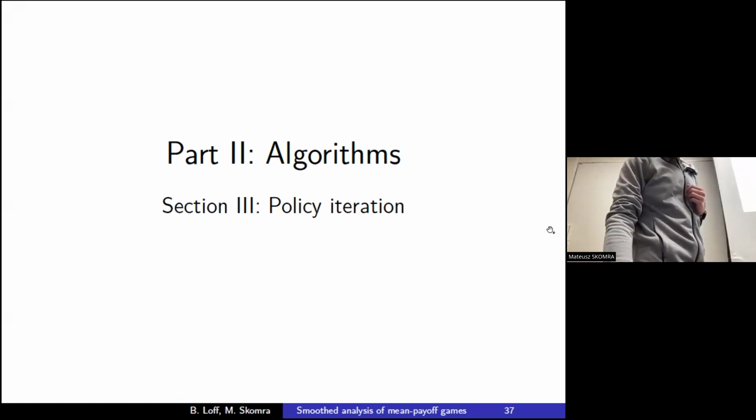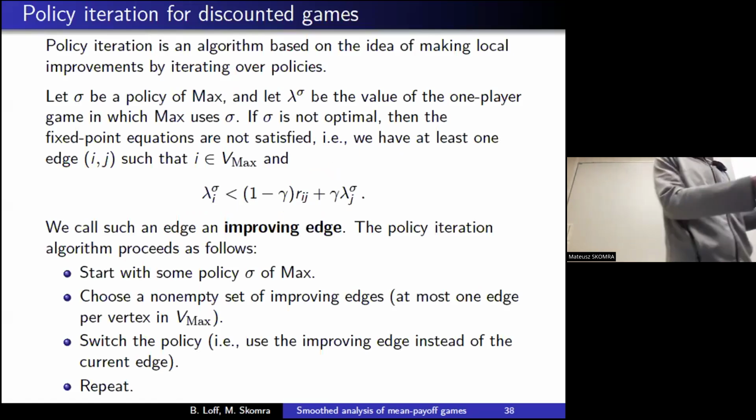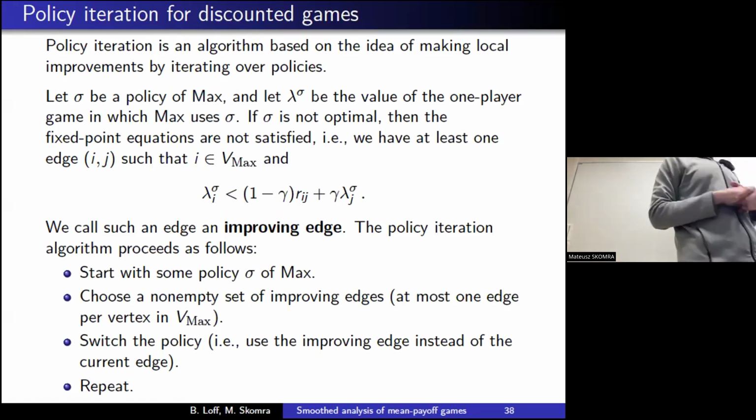Okay, so what is policy iteration? We saw that a game has an optimal policy. So the idea of policy iteration is as follows. Let us take some policy of one of the players. Since we can solve the one player case, we can check if a given policy is optimal. You take a policy and find the optimal response.